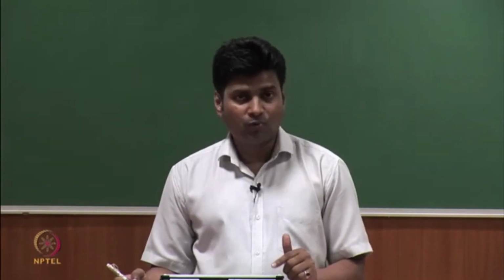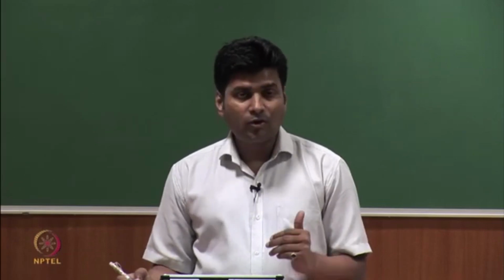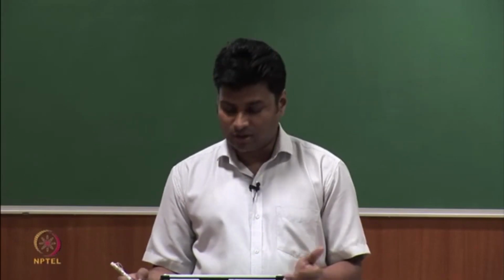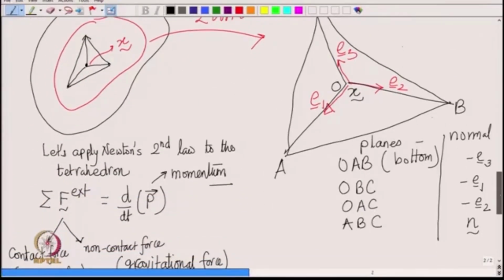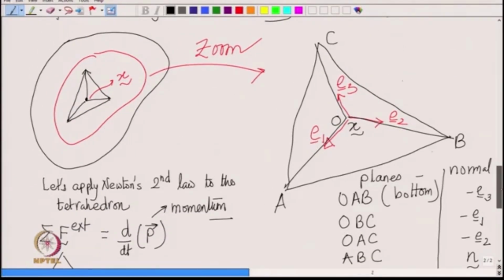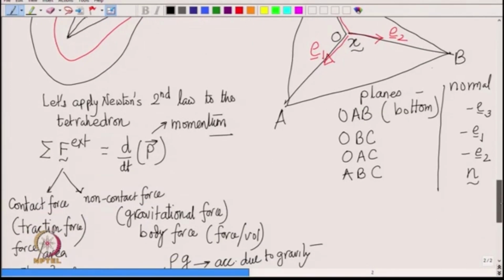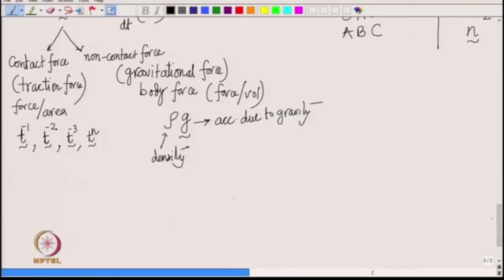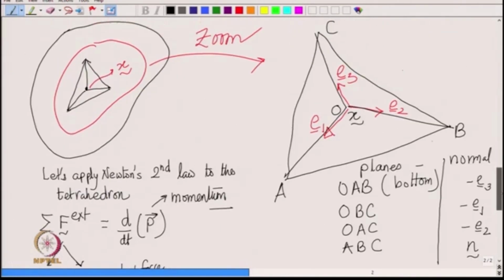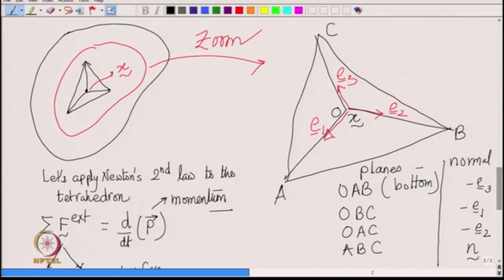You see, T minus 1 is acting on the minus E1 plane of the tetrahedron, which in this case is the plane OBC. So, suppose the area of the face OBC is A1, because its normal is minus E1, I will say its area is A1.